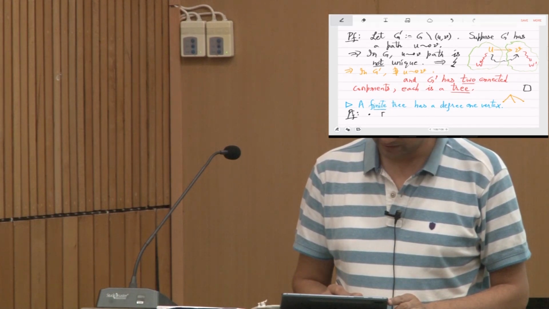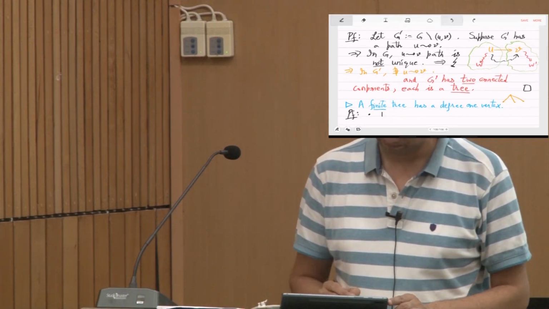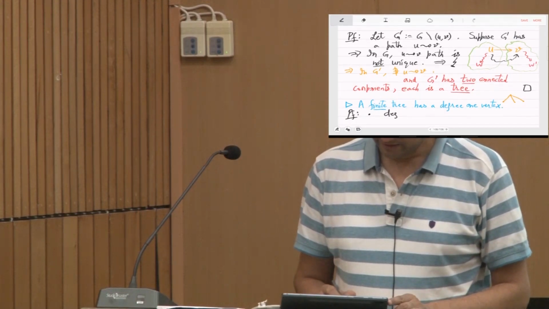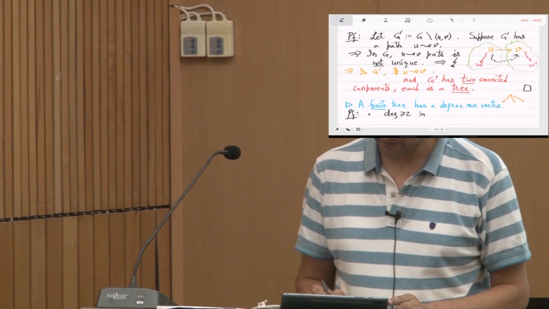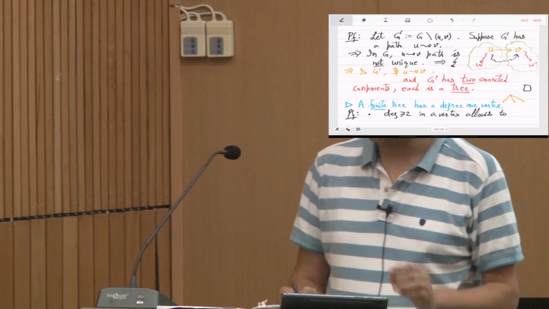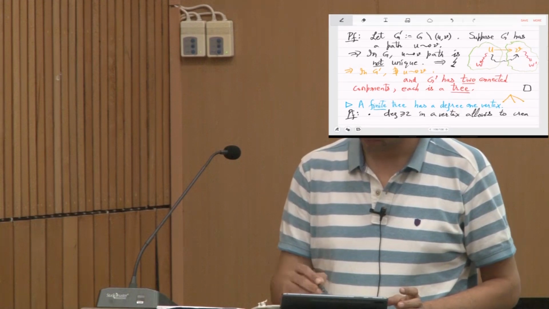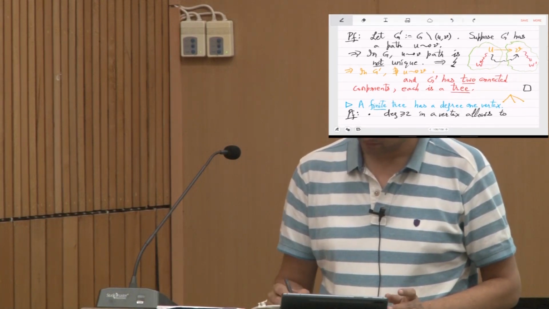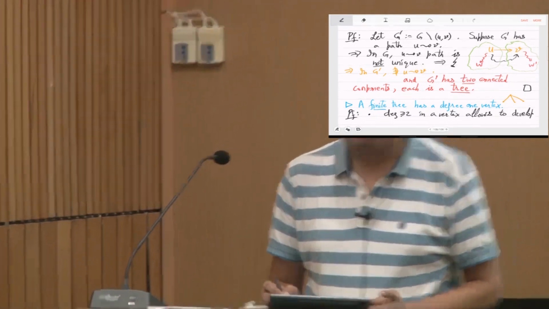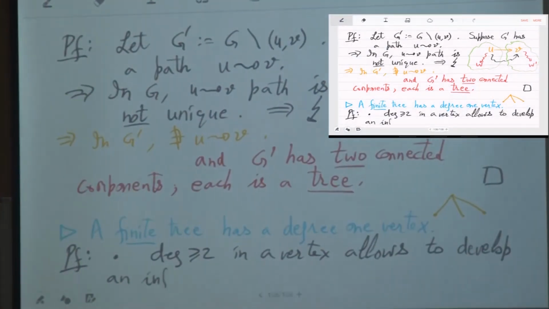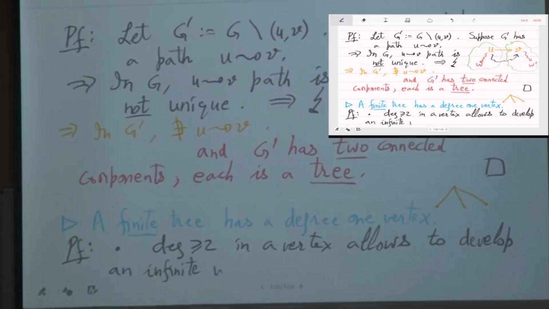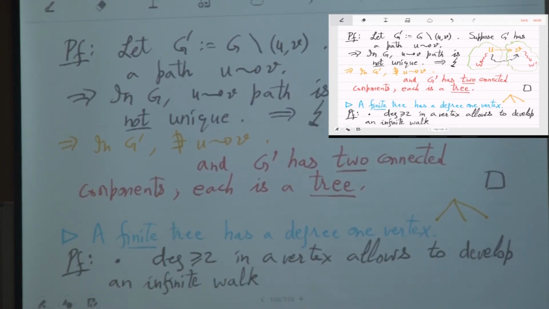So each vertex, or let me just say, degree greater than or equal to 2 in a vertex allows to create an infinite walk. Well, tree, right?